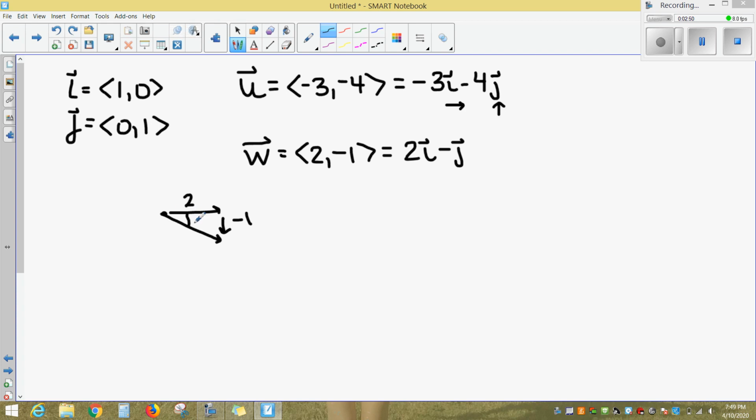Maybe I want to find the angle there that it makes with horizontal. We're going to treat this like we would any other right triangle. Let's say the tangent of that angle theta that we make is the opposite side over the adjacent side. And then from there I can find my angle theta by using my arctan.